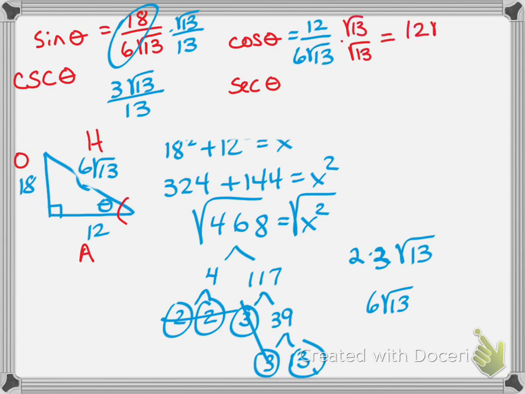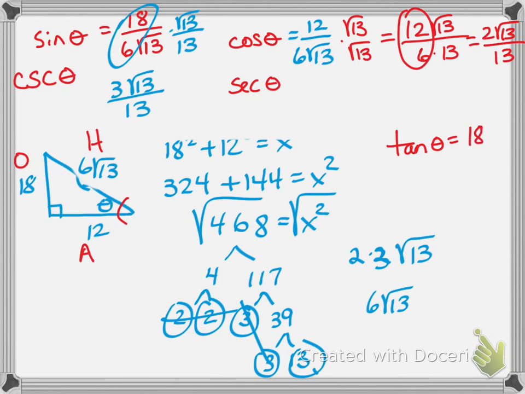That's 12 square root of 13 over 6 times 13. And 12 over 6 is 2 over 1. So that's 2 square root of 13 over 13. Tangent, I had to scoot out of the way. But tangent of theta is O over A. Divided by 6 on both is 3/2.